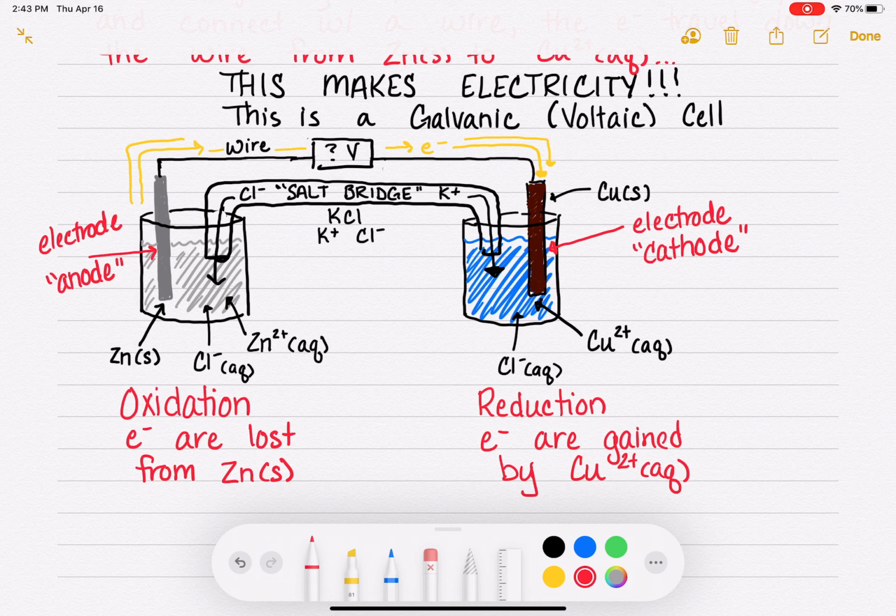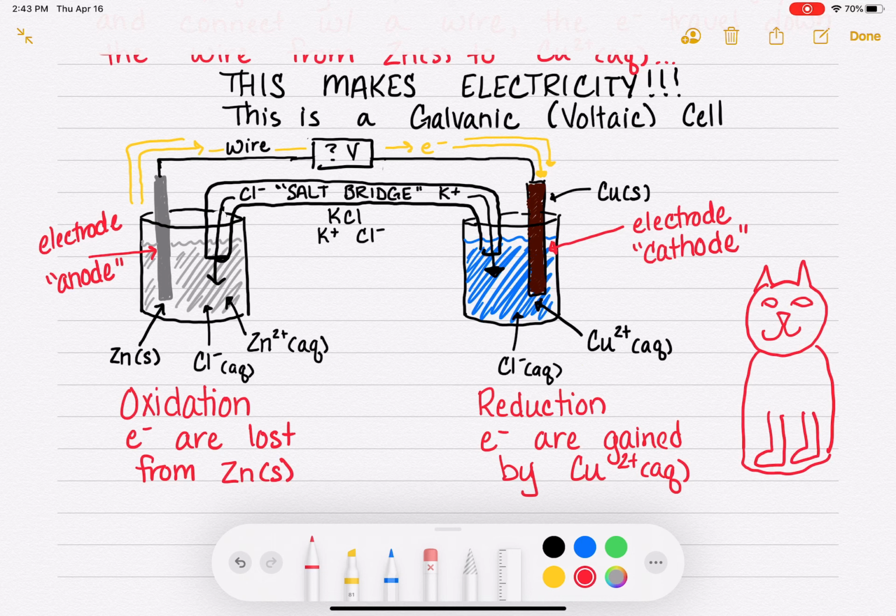And the way that I remember which one is the anode and which one is the cathode is that I remember red cat. This is my kitty cat, and my cat is red. And oh man, this is a really good cat. It's a happy cat.